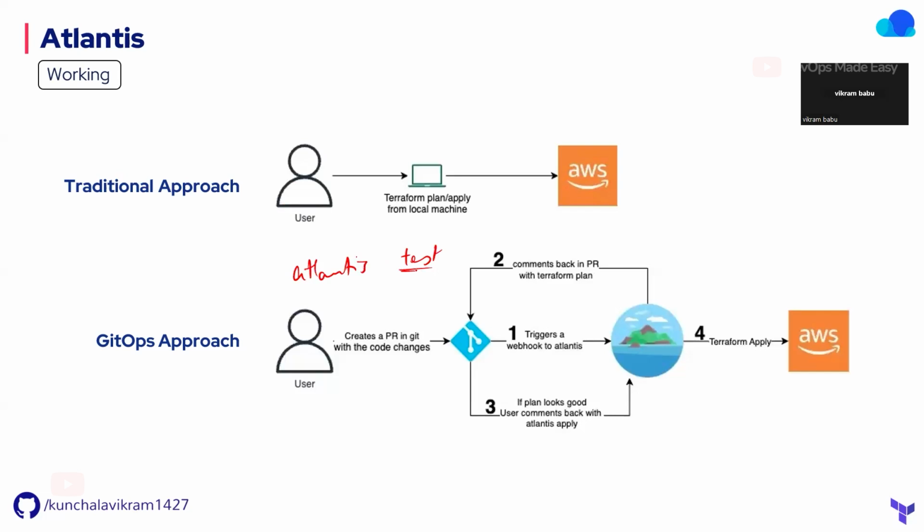Maybe this is not a supported command in Atlantis, but I want Atlantis to respond to this test command. Once I comment atlantis test on the PR, I want Atlantis to do terraform fmt first, terraform validate, or probably run some commands like tflint or whatever. So I can also create my custom workflows, and I can just comment that command right in the PR.